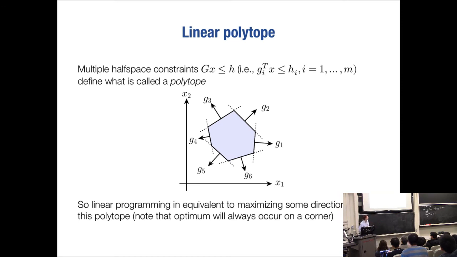So you can think of a vector C pointing in some direction there, and we have to pick the point inside that polytope that maximizes X in that direction, or maximizes the function C transpose X, which is the inner product of X in that direction.